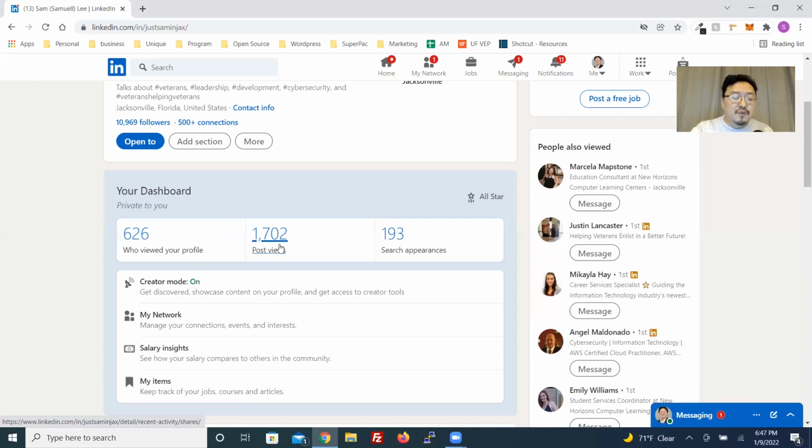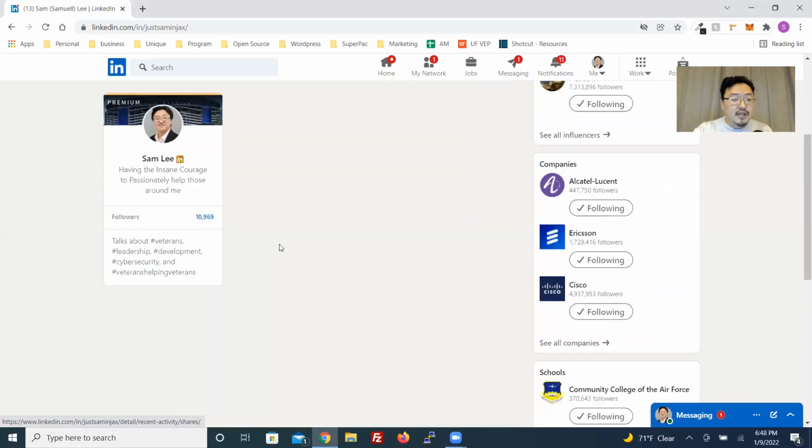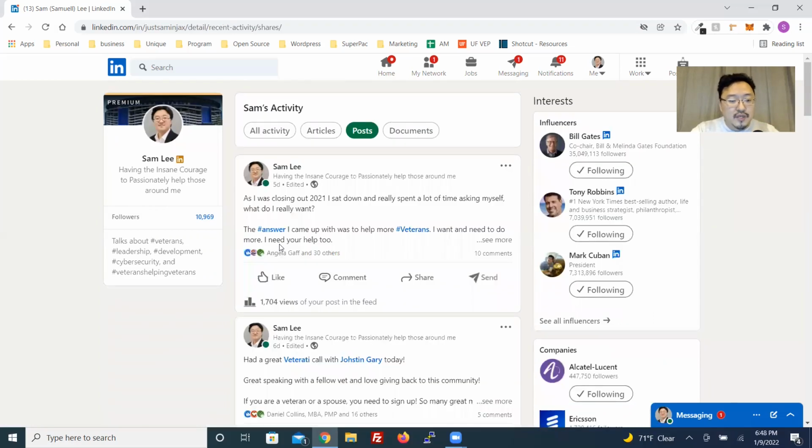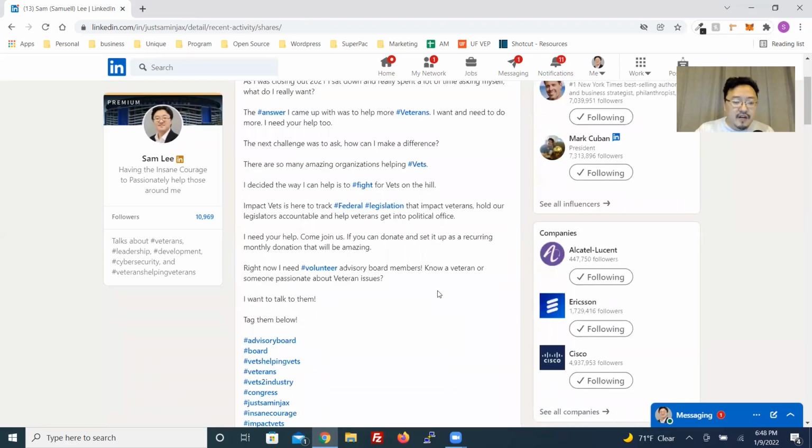Now, what should your post look like? Once again, Twitter, your tweets, you're looking at 1 to 2 sentences. That's it. That's for each tweet. For Instagram, you want pictures, right? For LinkedIn, you want a story, but what you want is a very specific order to the story.